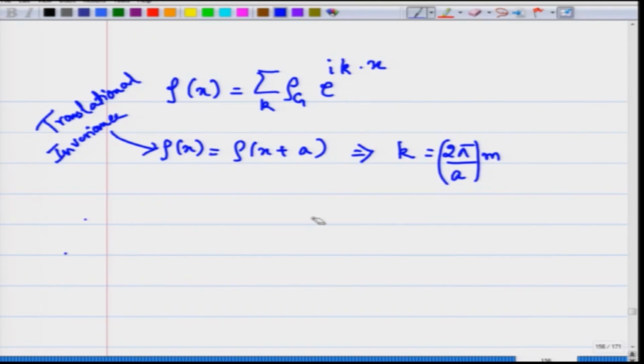We looked at the Fourier transform of a one dimensional lattice and we got a condition on your wave vector with respect to which you are taking the Fourier transform.